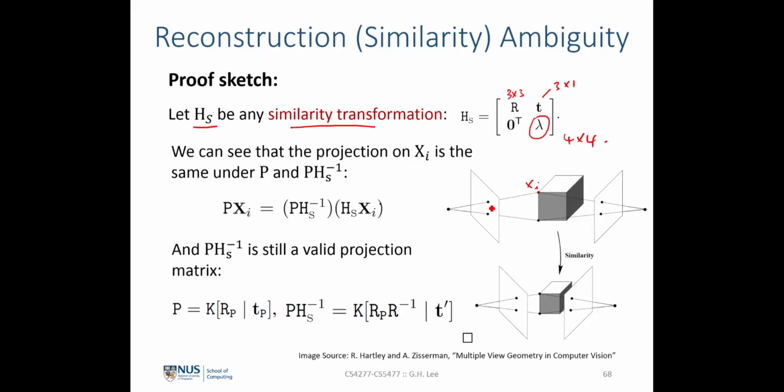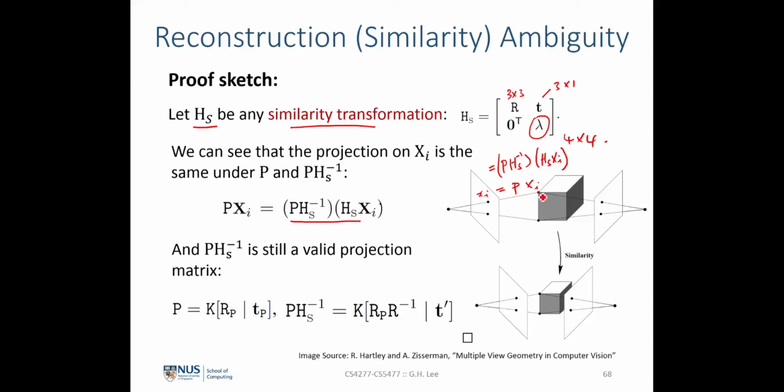It projects onto the image as a small xi, and this is equivalent to P multiplied by Xi. What's interesting is that the same point on the image can also be obtained from another projection, which is given by P HS inverse multiplied by HS multiplied by Xi.